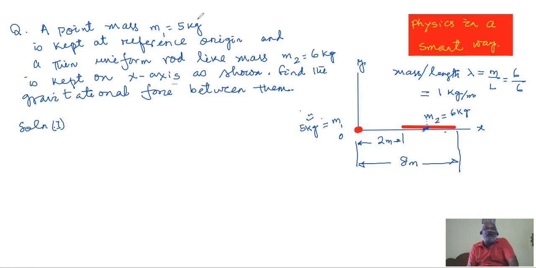A student can think like this because already we have stated our way is with calculus. We got no issue with M1. Second, we consider a very small portion of M2, but that is in a calculus way. So thereby I consider an arbitrary distance within x equal to 2 to x equal to 8, that is the span of M2. We have to stay within that span, that is x.